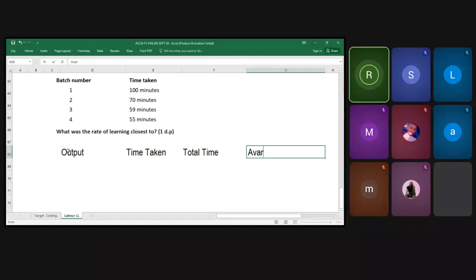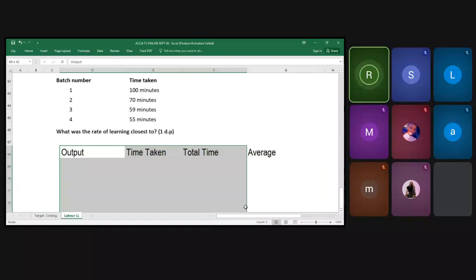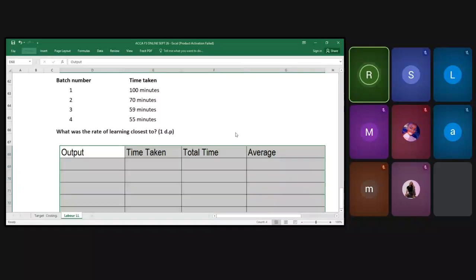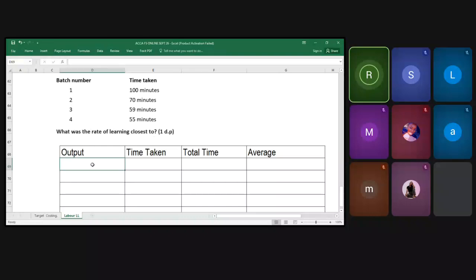We are going to make use of this as our starting point. Our output is 1, 2, 3, 4 as it is.